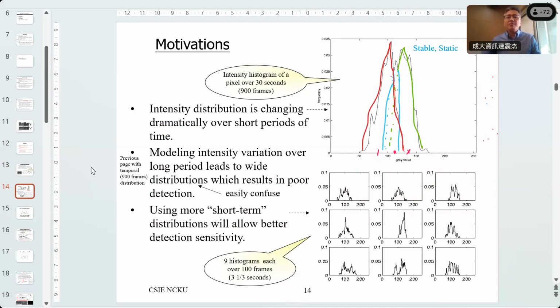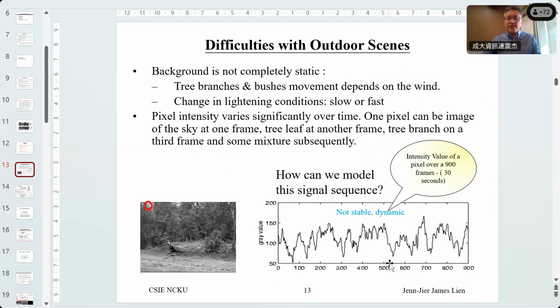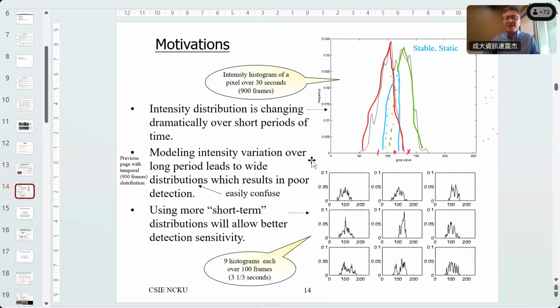So for example, suppose the gray value is 100, how many pixels have gray value 100?